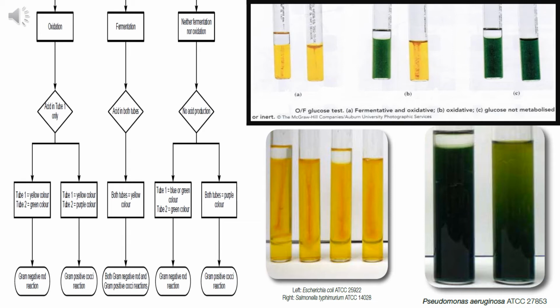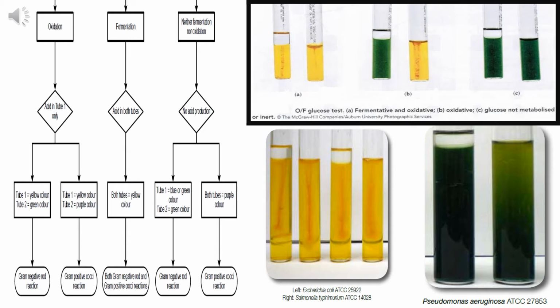acid in both tubes, yellow color, in both the gram-negative rod and the gram-positive cocci. Neither fermentation nor oxidation means no acid production.